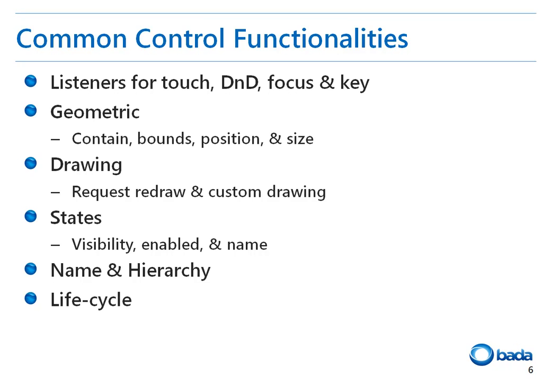A custom drawing function and a request redraw function to redraw a control are also provided. Additionally, functions to set and get the current state of the control, such as the visibility and the enabled state, are also provided. Functions to manage the name, the hierarchy of the controls, and the life cycle of the control are provided for each control.